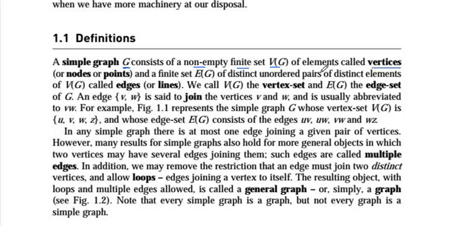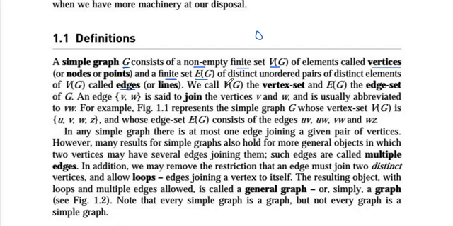So in a graph there are, let's say, 1, 2, 3 or any number of vertices, non-empty. It should not be 0. Vertices, or you can say nodes or points, and a finite set E of G of distinct unordered pairs of distinct elements of V of G called edges.